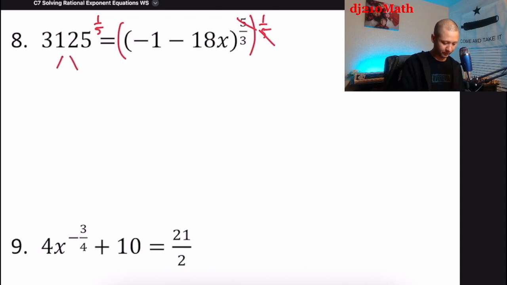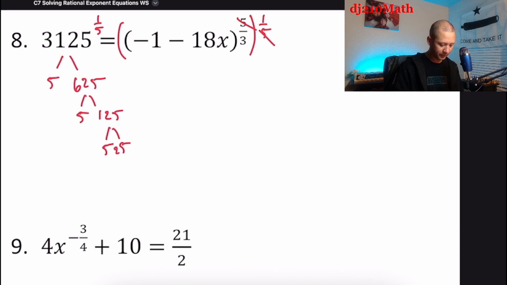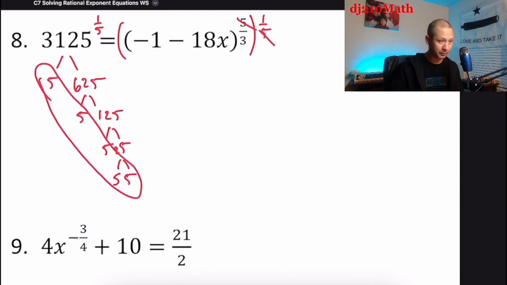So 5 times, was it 625? Again, using 5, 125. 5 and 25, 5 and 5. So again, 5th root, group of 5. It's just going to be 5.